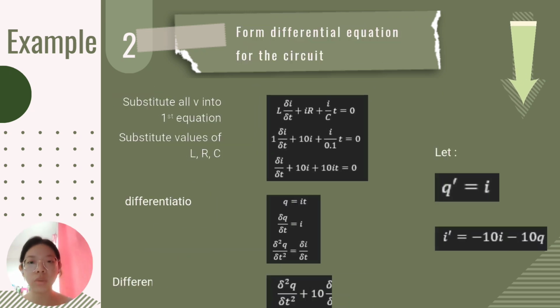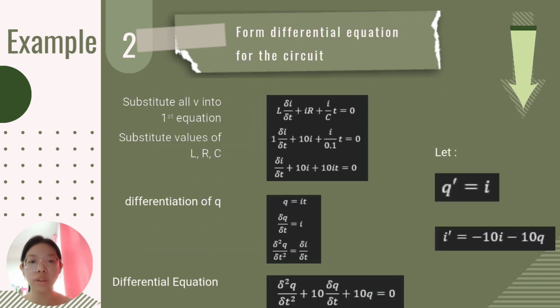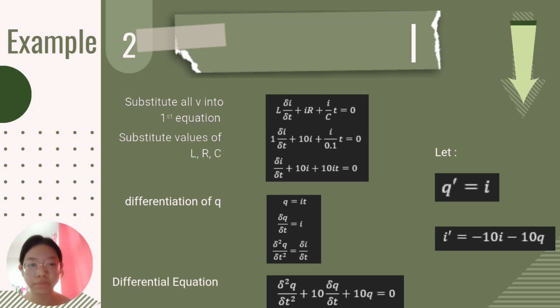Now we can substitute all the equations of voltage and all the values of L, R, C into the first equation, and the next step is we differentiate the charge and put the differentiation equation of charge into the equation that we formed just now. Then we will gain a differential equation, and from it we are able to derive two second order ODEs, which are these two.